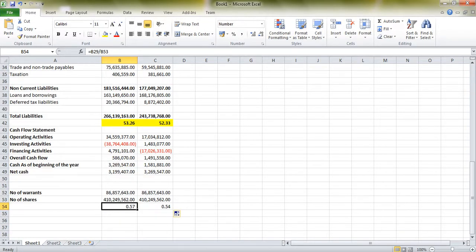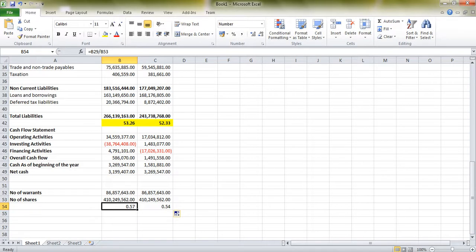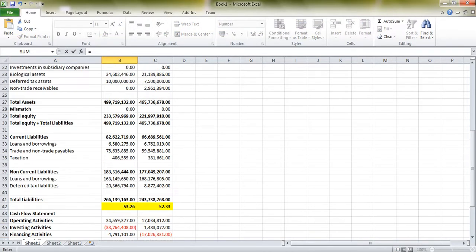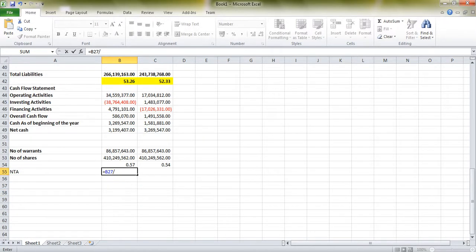Asset sometimes is not really. NTA, right? A lot of people look at the NTA. The NTA is basically these figures, total asset divided by total number of shares.